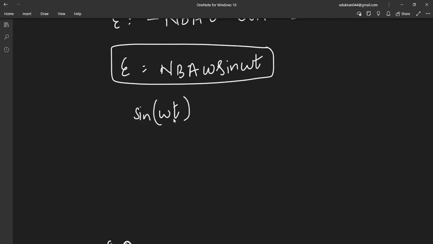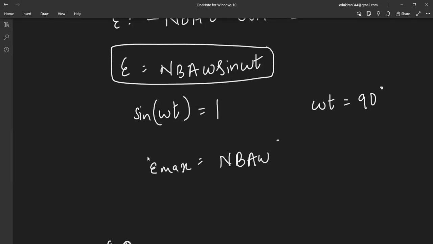So sine omega t's maximum value is 1. It means your theta, that is omega t, is 90 degrees. So what is the maximum value of EMF? NBA omega. This is NBA omega. All right.